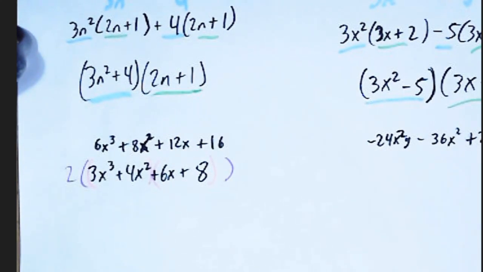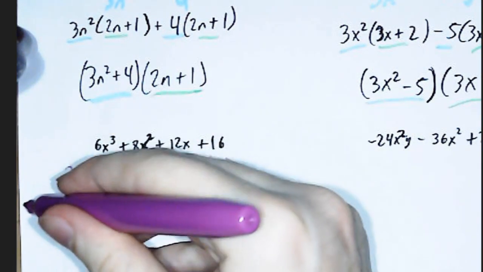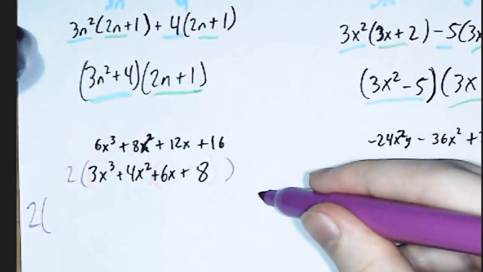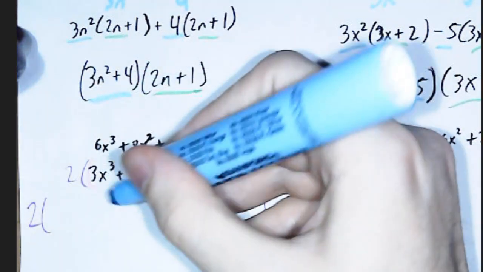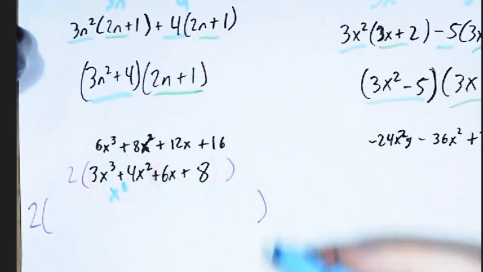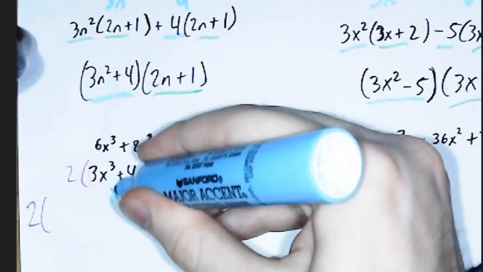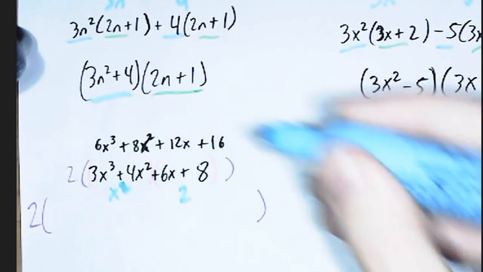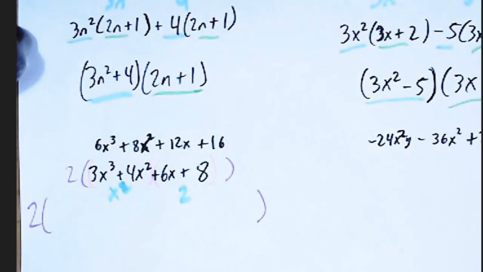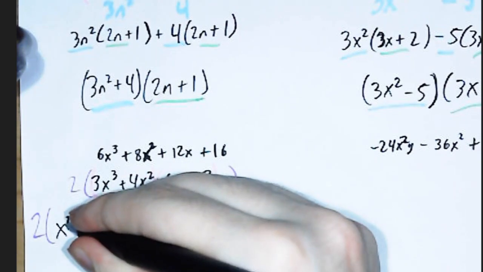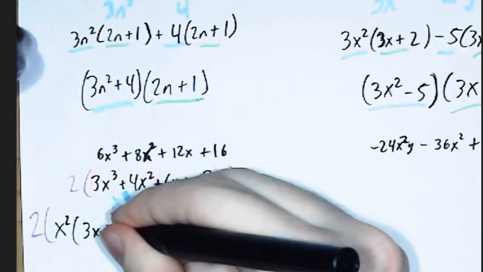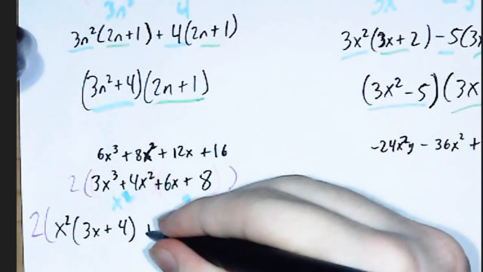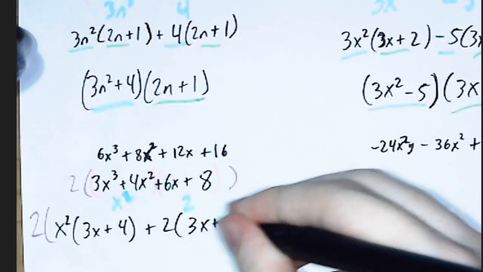The GCF from our first group is going to be x squared, and the GCF from our second group is going to be 2. So we've got x squared times 3x plus 4 plus 2 times 3x plus 4.